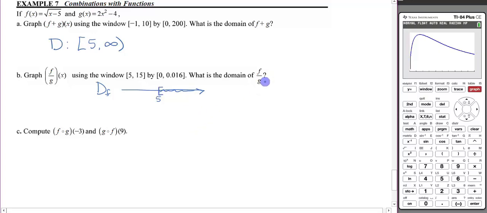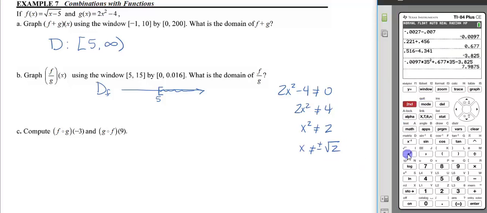With g of x not equaling 0, we'd have 2x squared minus 4 cannot equal 0. So 2x squared cannot equal 4, which means x squared cannot equal 2. So x cannot equal plus or minus the square root of 2.